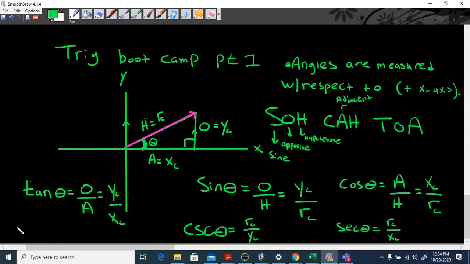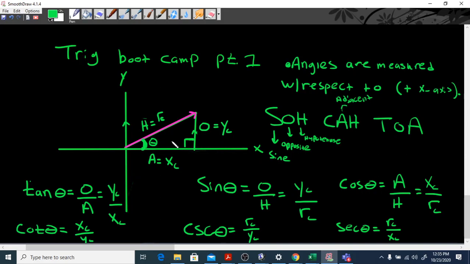And the reciprocal of tangent is cotangent, which is the x component over the y component. There are the 6 trig definitions, along with the figure that goes with them.